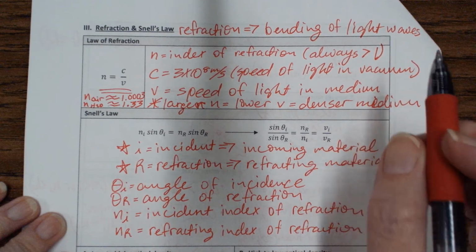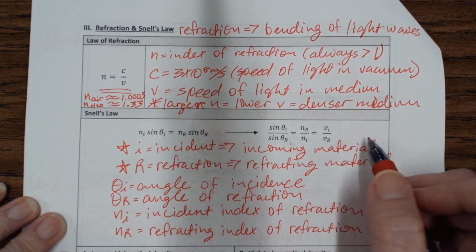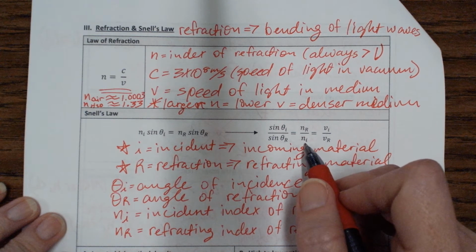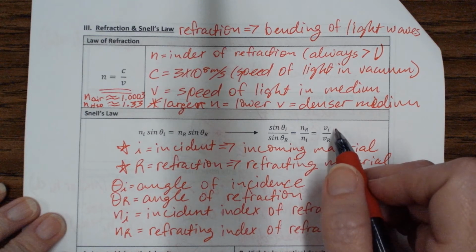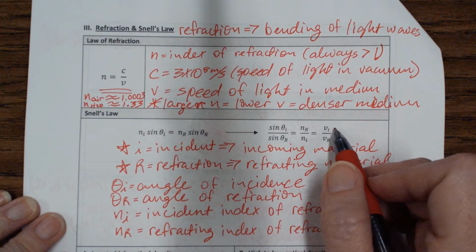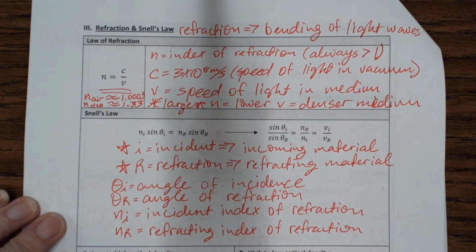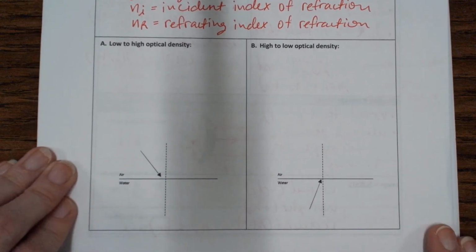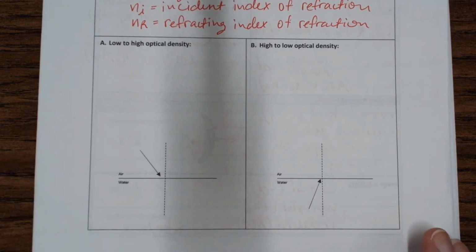Another way to state it would be by velocity: the refracting index over the incident index is equal to the speed of the incident material over the speed of the refracted material, okay? So there's various ways that you can use this.